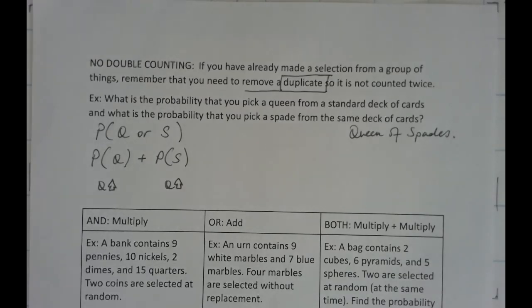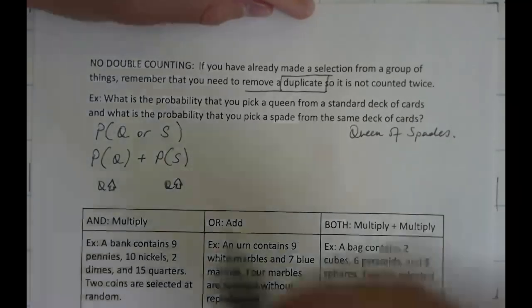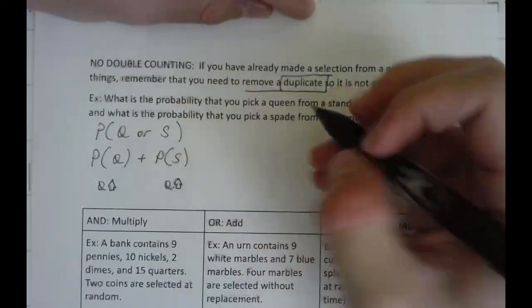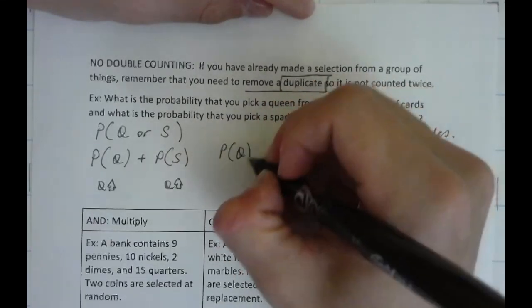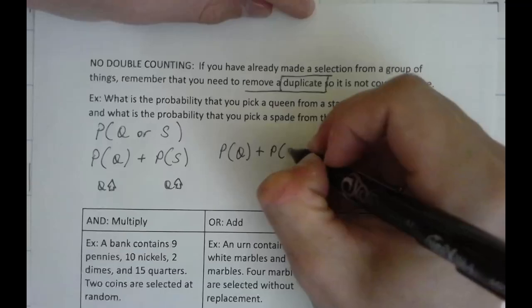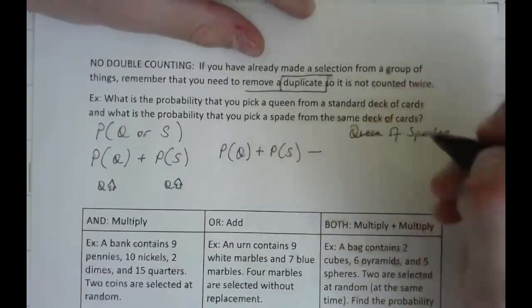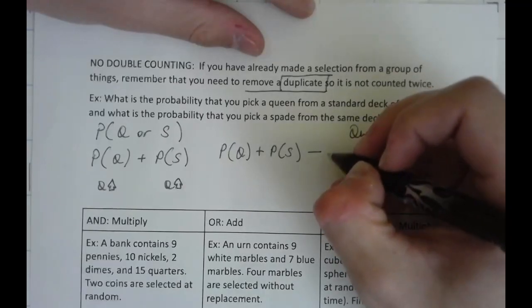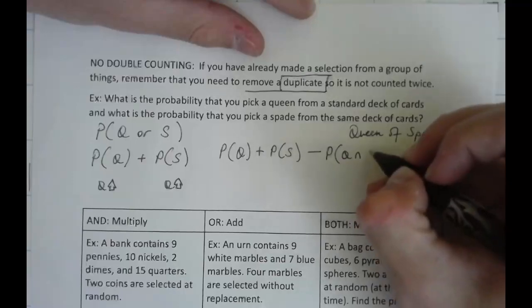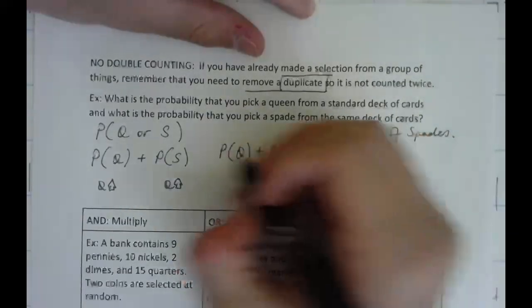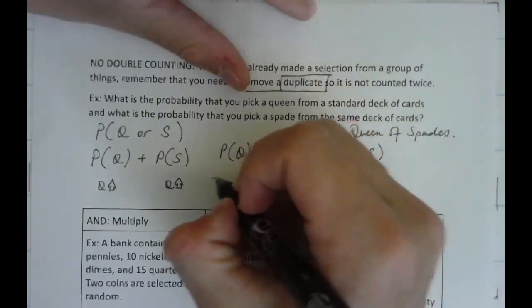So here, what we do: the probability of drawing a queen or a spade is like saying the probability to draw a queen plus the probability to draw a spade minus, in this case, the probability you draw a queen and a spade. Because the queen of spades is a queen and a spade, alrighty, and don't worry if you're not following me, fix it down here, right?